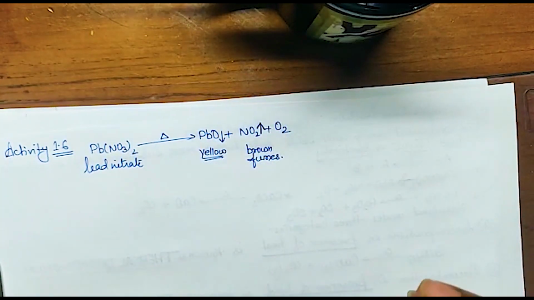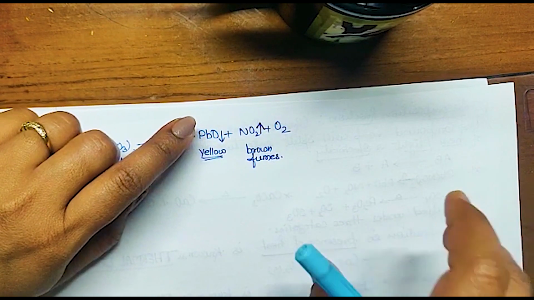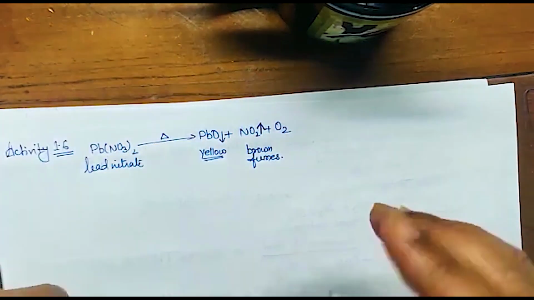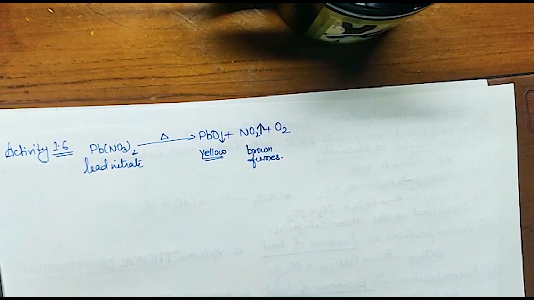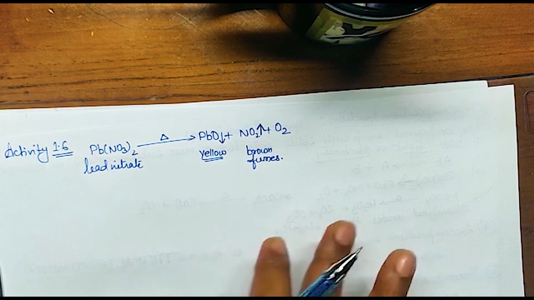So there are two observations. You will say a yellowish precipitate will settle down at the bottom and brown fumes will be observed. Okay, so this is the observation. Activity 1.6. Now we have done activity 1.6. So this is the equation.